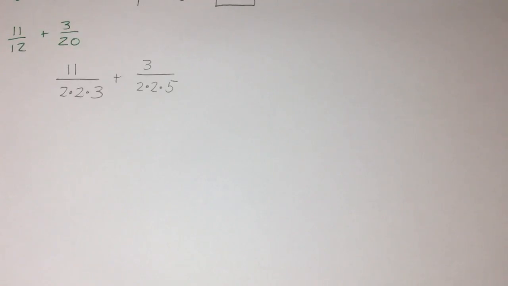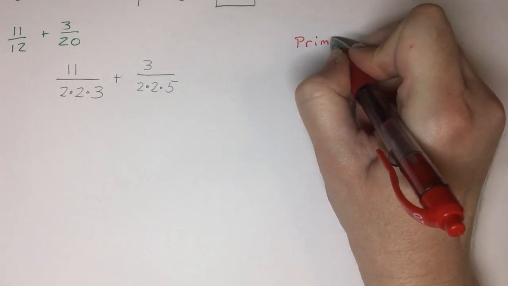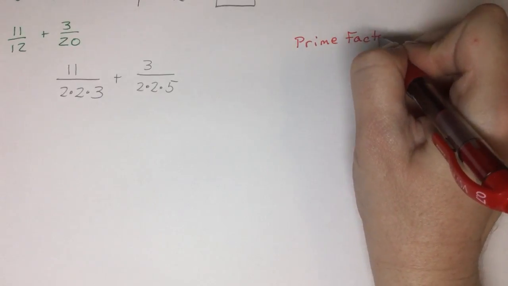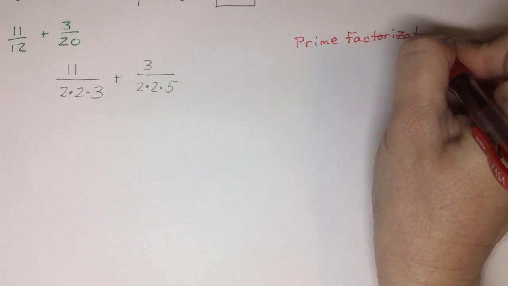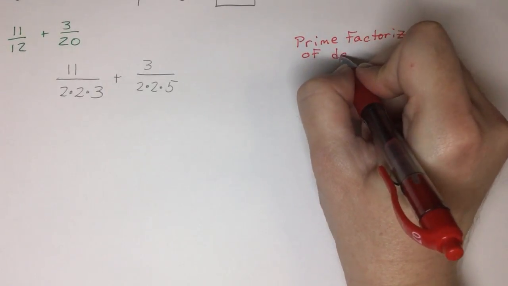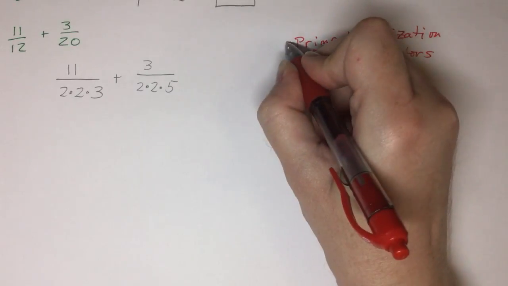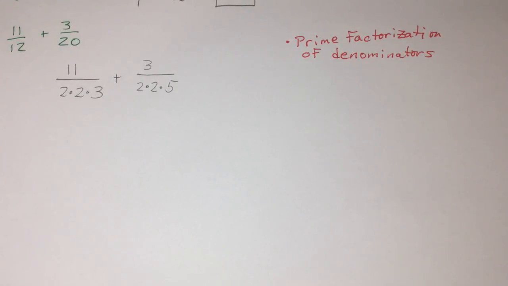So the first thing I'm doing is finding the prime factorization of the denominators. And by the fundamental theorem of arithmetic, we know that prime factorization is unique.